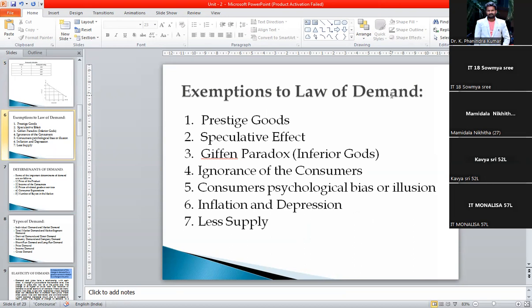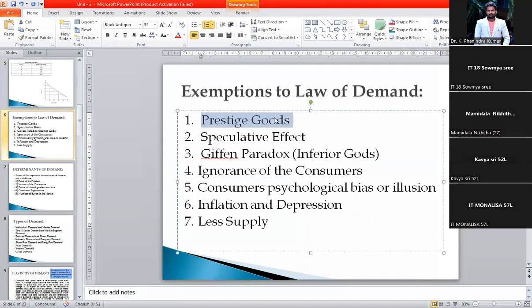The reason is that for this type of products, even if the price increases, the demand never comes down. See, prestigious goods, luxurious goods like cars, gold, diamonds, and what other things are there. In those cases, if the price of a product increases, demand also increases. There is no way that the price decreases and demand increases.